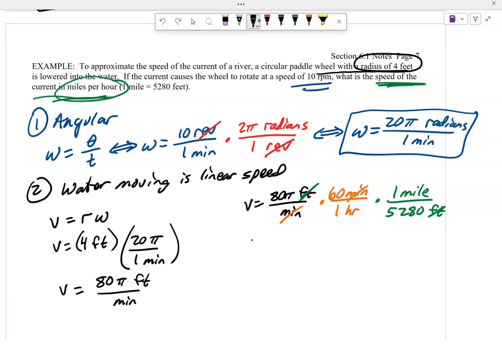So let's go ahead and multiply this. I got 80 times 60, so 4,800, over 1 times 1 times 5,280 miles per hour. And I punch that in.